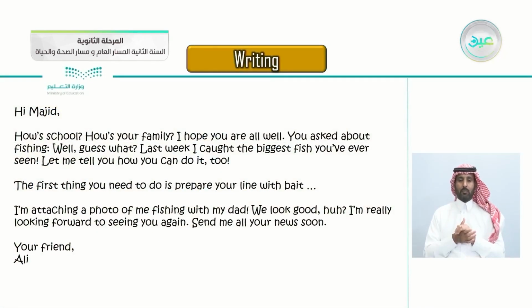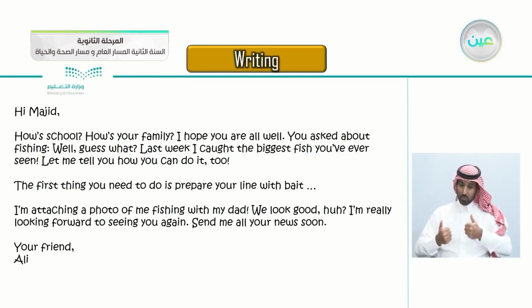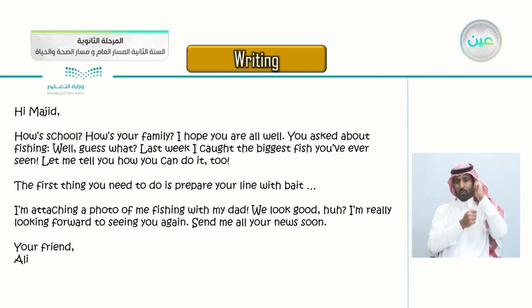This is the letter that you'll be writing. This is an example, of course. Hi, Majid. How's school? How's your family? I hope you are all well. You asked about fishing. Well, so they're talking about fishing here. Well, guess what? Last week I caught the biggest fish you've ever seen. Let me tell you how you can do it too. The first thing you need to do is prepare your line with bait. Then you can continue writing.